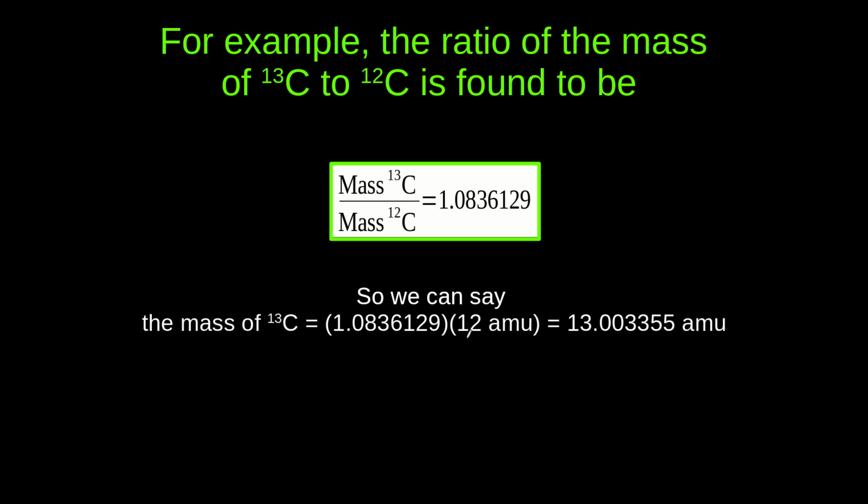This is the only mass that's an exact number in all this. That gives us the mass of the isotope carbon-13, 13.003355 atomic mass units. Once we have defined carbon-12 as having exactly 12 AMU, we can do this kind of experiment and get the relative mass of everything else compared to carbon-12.